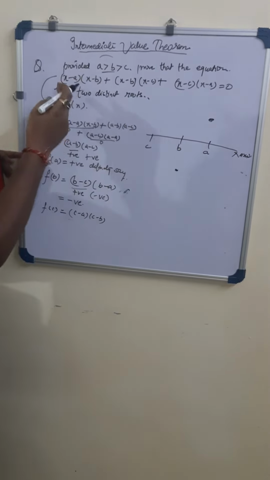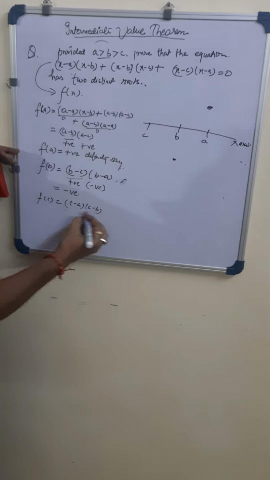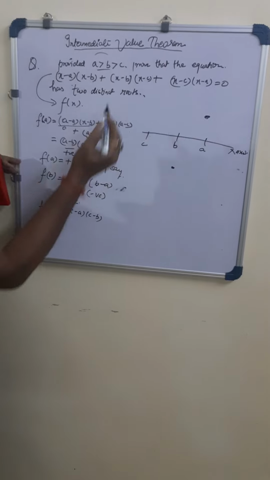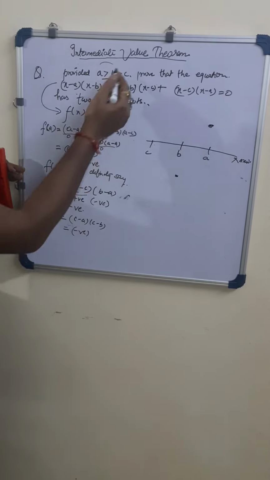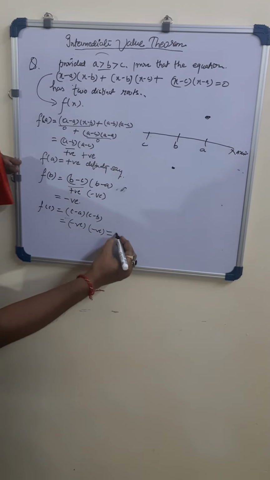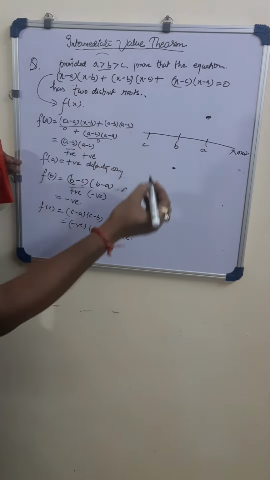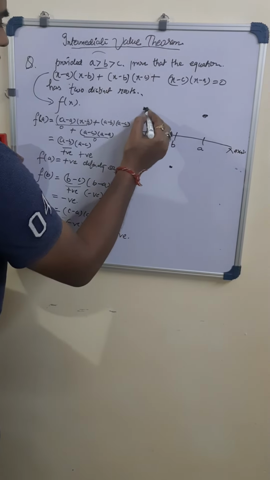So we will be left with this part of the equation: x, C minus A and C minus B. Since C is less than A, this is a negative number, and since C is less than B, this is also negative. The product of two negative numbers will be positive. So f of C will again lie somewhere here.